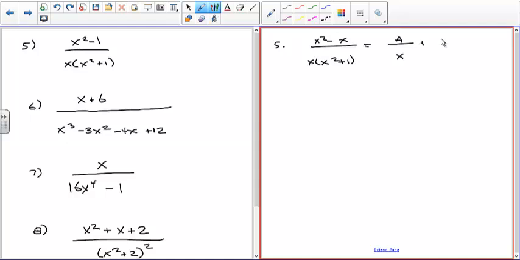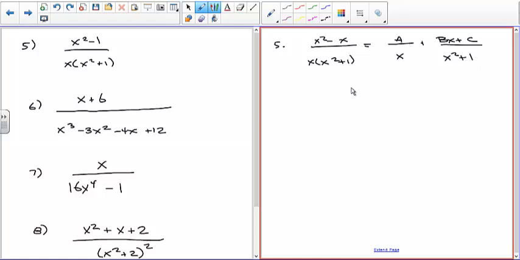In the numerator you have bx plus c, and that's all divided by the quadratic term. And these quadratic terms have no real roots. So if you solve for x, you get plus or minus i. So that's why we don't factor it any further, because we can't and get real values.